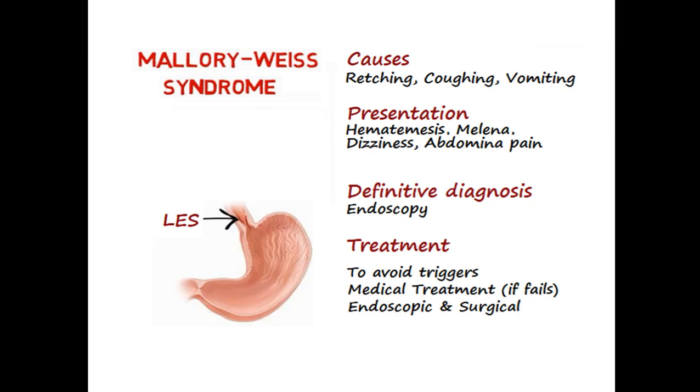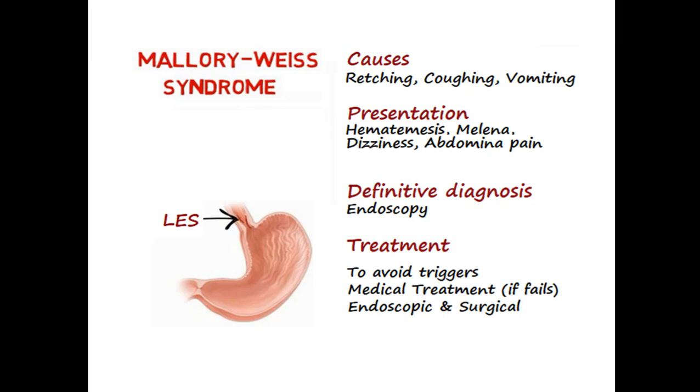So Mallory-Weiss syndrome is mainly due to pressure on the lower esophageal sphincter, forceful vomiting, severe coughing, and retching. It will cause Mallory-Weiss tears, and our patient will present with hematemesis, that is blood in the vomit, and melena, blood in the stool.